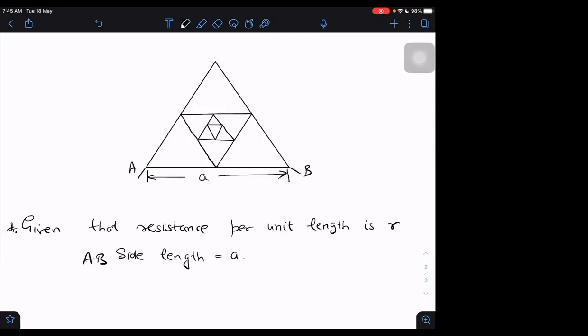Here we have to use one more concept. A simple infinite ladder case will not be enough. Here I have to use symmetry also along with that. Then we can use the infinite ladder concept. Which symmetry do we have to use?